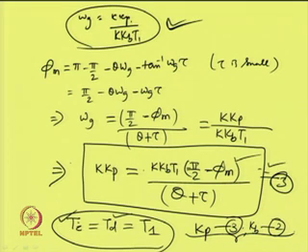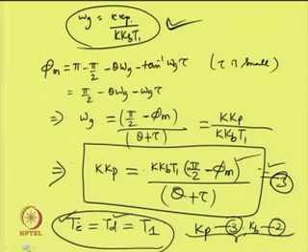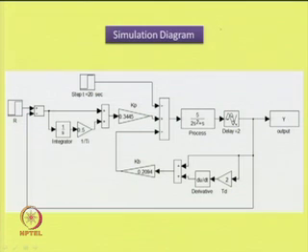Let us design a PIPD controller for a second order integrating process. Let us assume that the second order integrating process is given by 5 upon s times 2s plus 1 with a time delay of e to the power minus 0.5 s.